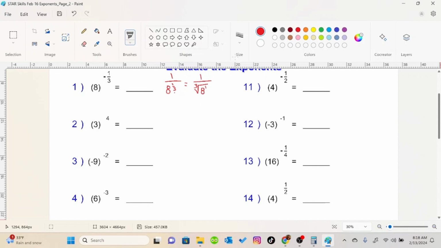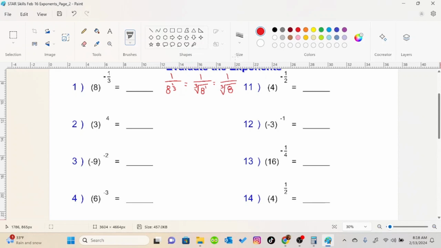We see that the denominator 3 came outside of the radical, and the numerator, the 1, stayed with the base number. Anything to the power of 1 is itself. So now we have 1 over the cube root of 8.